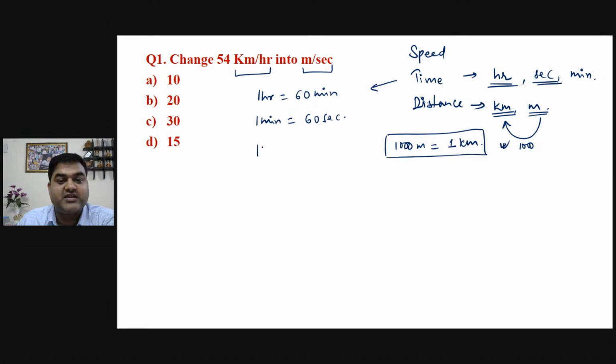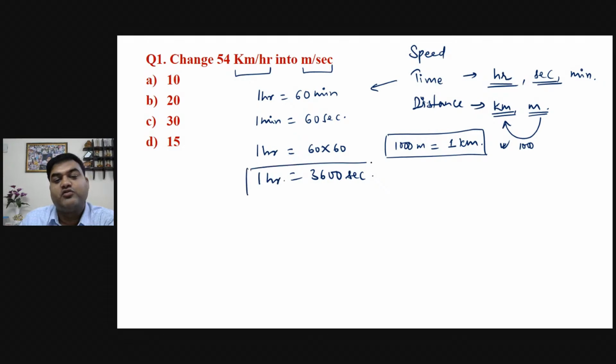So we can say 1 hour is equal to 60 into 60, that is 3600 seconds. We can also write it this way. So this is one conversion which we are going to use, and this is another conversion which we are going to use.